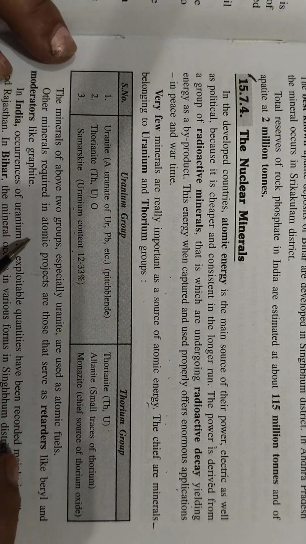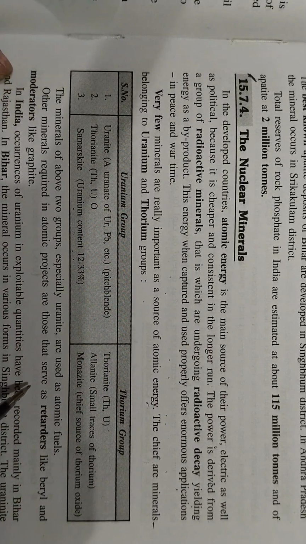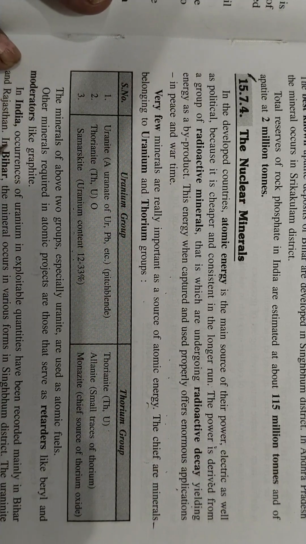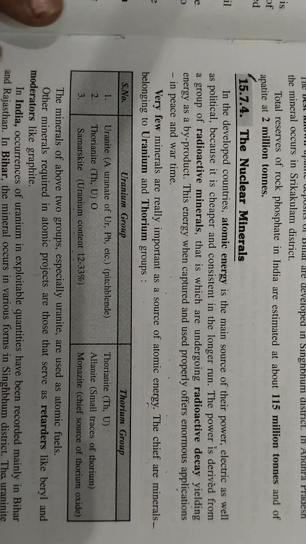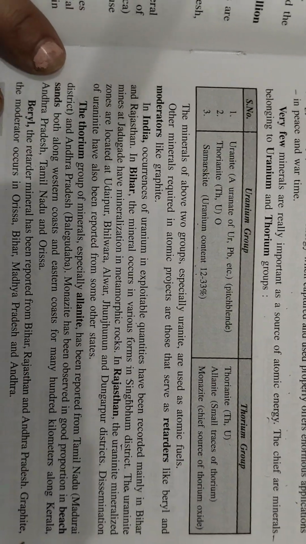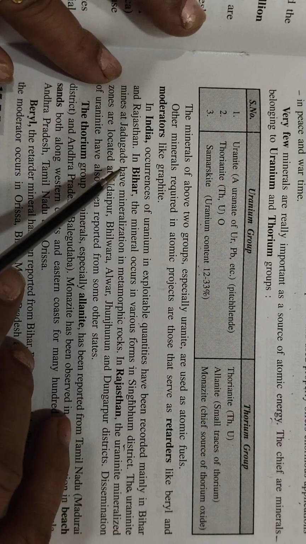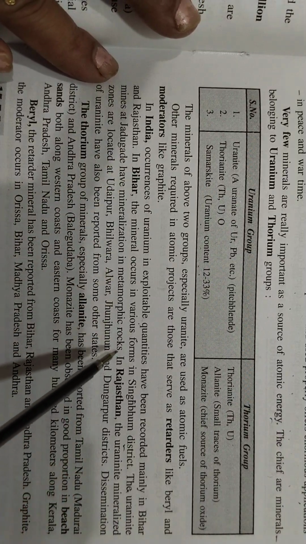Other minerals required in atomic projects are those that serve as retardants, like beryl, and moderators, like graphite. In India, occurrences of uranium in exploitable quantities have been recorded mainly in Bihar and Rajasthan. In Bihar, the minerals occur in various forms.